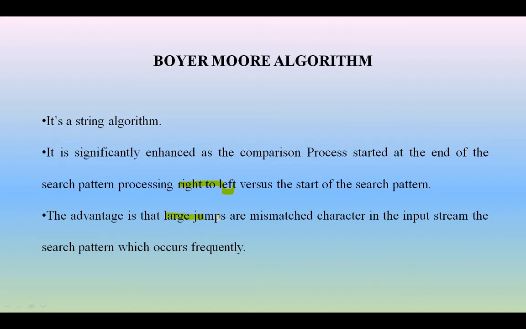So large jumps is one of the advantages of this algorithm. To note: it's a string algorithm, the comparison always starts from right to left, and the best advantage is that whenever a mismatch occurs, it jumps from one position to another.